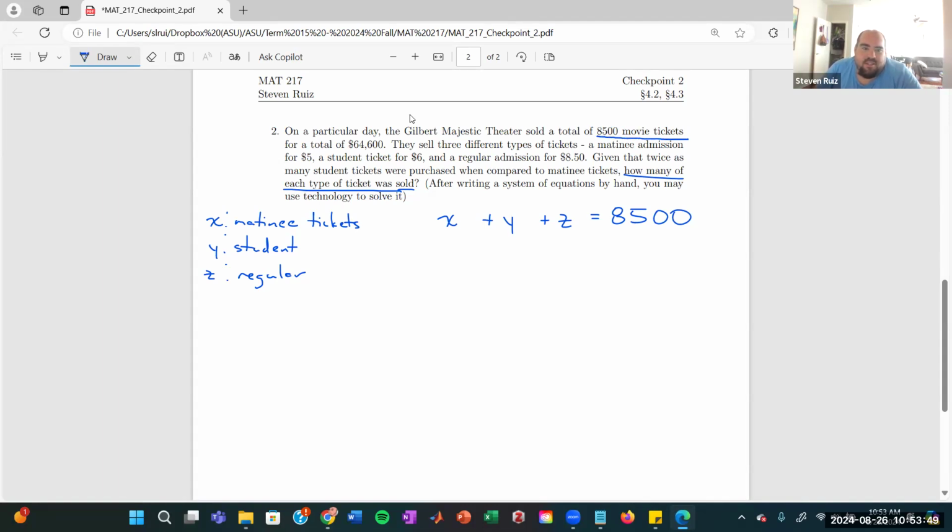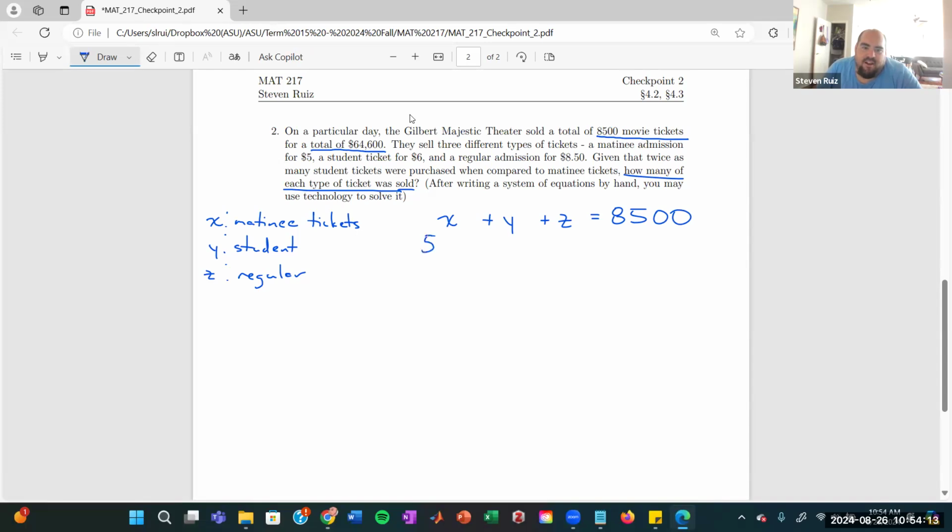The next thing I know is that they all sold for a total of $64,600. So this equation does not care about how many or how much the tickets are worth, just purely how many people are sitting down watching a movie. Now I need to care about the value of these tickets. So what's a matinee ticket worth? Those are $5.